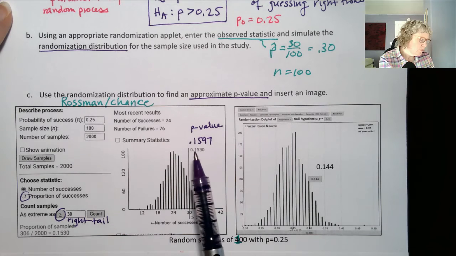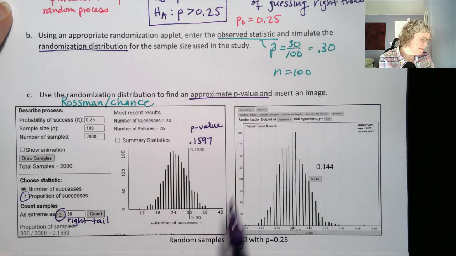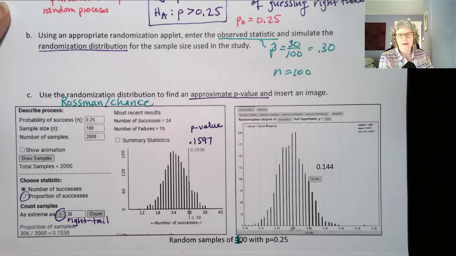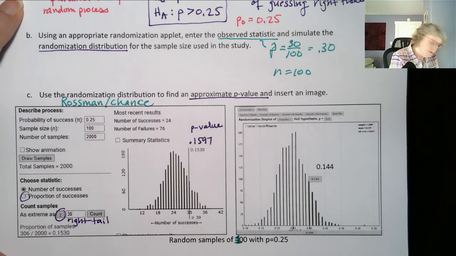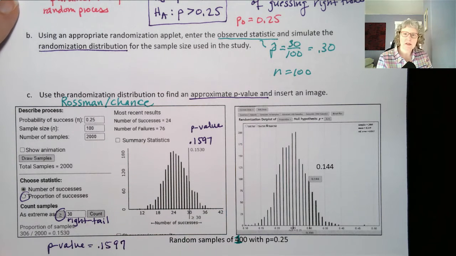There's a 15.97% chance of 30 out of 100 people or more choosing the right front tire. So that's our p-value, 0.1597. I'm going to write that under here, p-value. And remember, I'm still going to explain more about what that is after I finish this test.